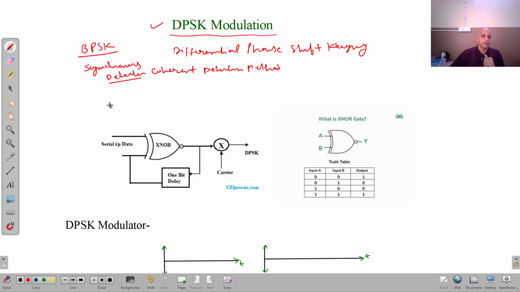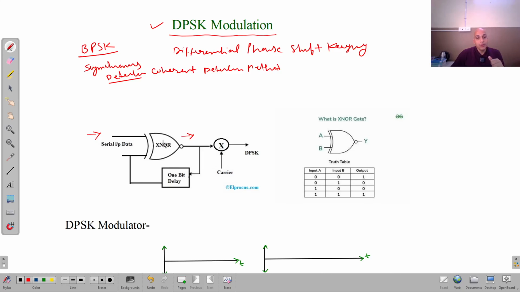You can see here this entire process. We have an incoming bit stream, that is the input data, shown here. It is applied to an XNOR gate. The other input of the XNOR gate is the 1-bit delay. What is the 1-bit delay? The bit stream that is coming out of this XNOR gate. So we modify the incoming bit stream by taking into consideration the previously generated output bit.